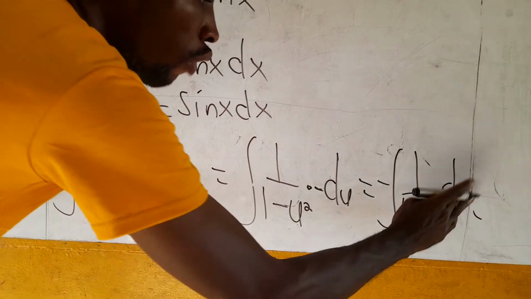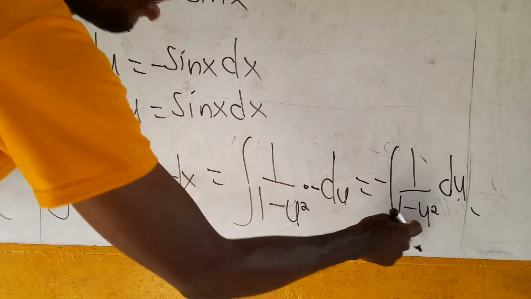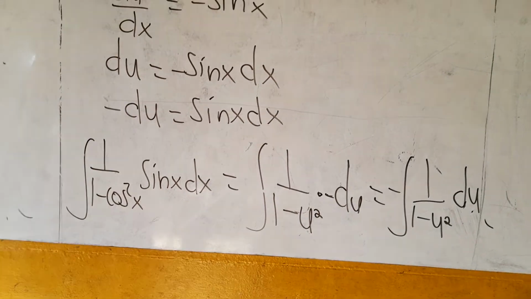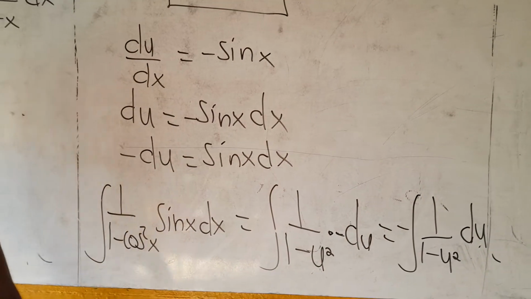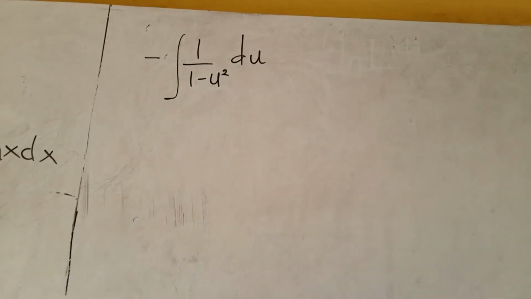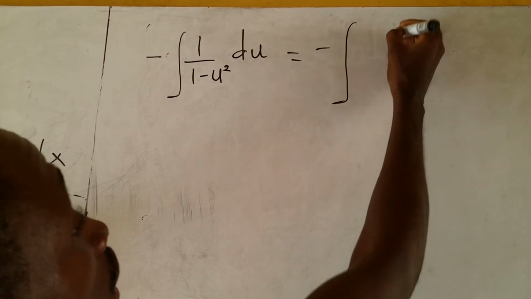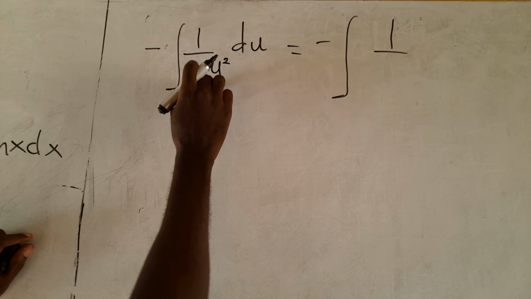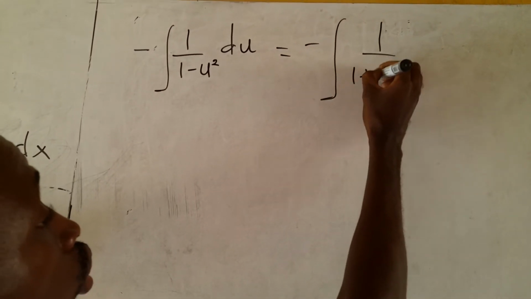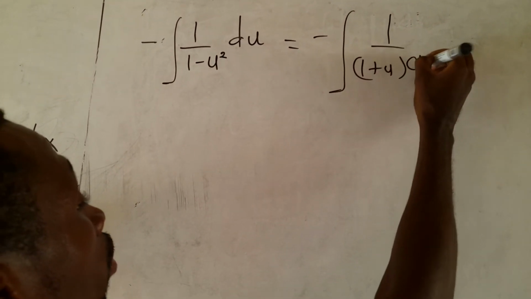I'll pull the negative out. So now I'll resolve this into partial fractions, then I'll integrate the results. So we can rewrite this as negative the integral of, this is a difference of two squares, so 1 plus u, then 1 minus u du.